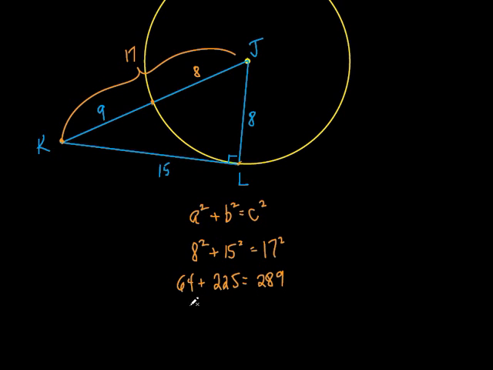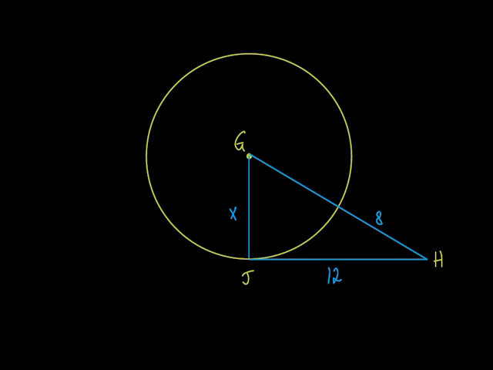Let's see if that works. 64 and 225, that's 289, and look at that. 289 equals 289, so yes, that must be a right triangle. If a squared plus b squared equals c squared, it must be a right triangle, which means this has to be a right angle. If it's a right angle, it means that KL is tangent to circle J.